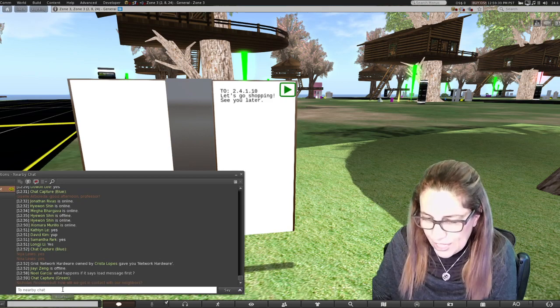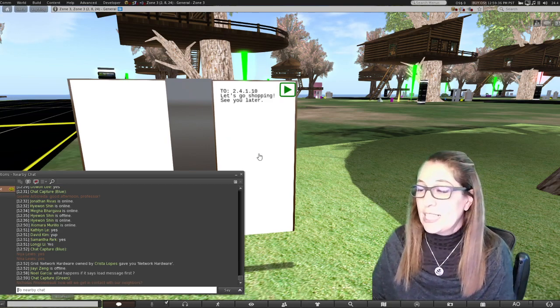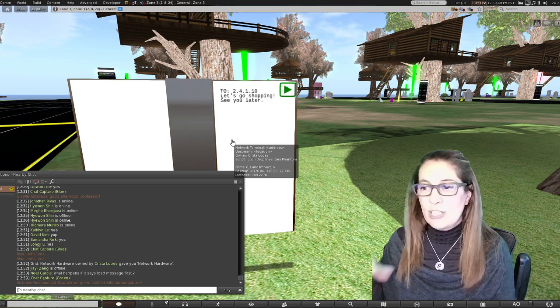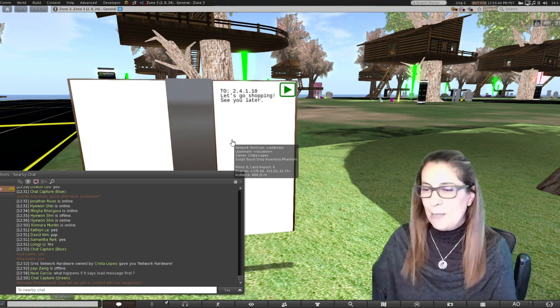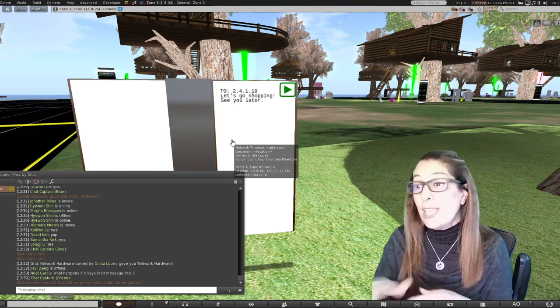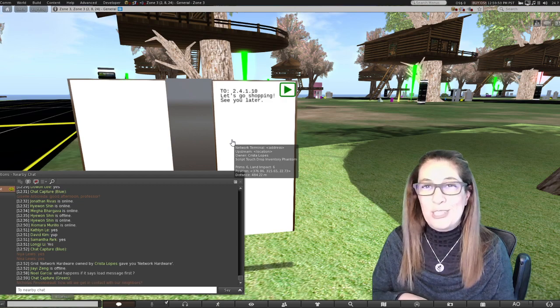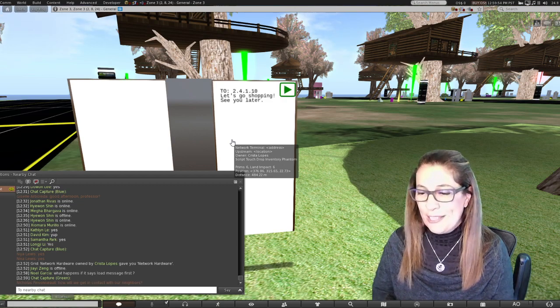Those are all messages that the terminals and the routers send to the chat channel within about a 10-meter radius, and you may listen to those things. So those are the debug messages of the terminals. It's sort of status information, just telling you what is going on.